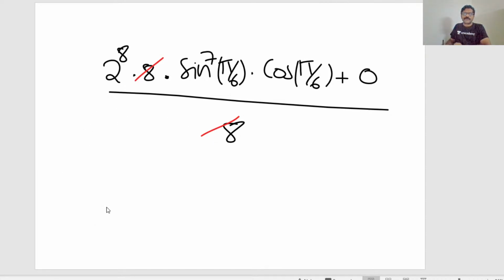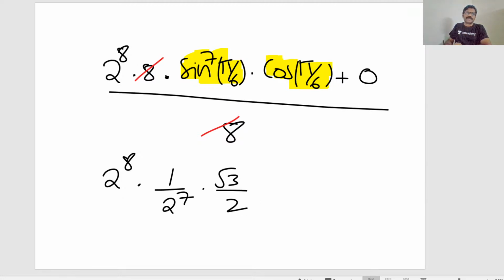Now 2 power 8. Sine power 7 pi by 6, 1 by 2 power 7. Cos pi by 6 is nothing but root 3 by 2.